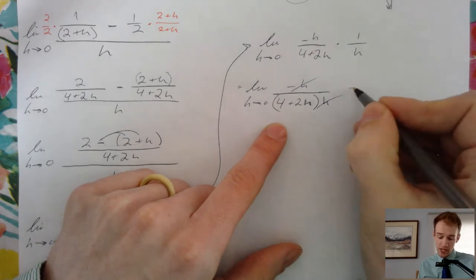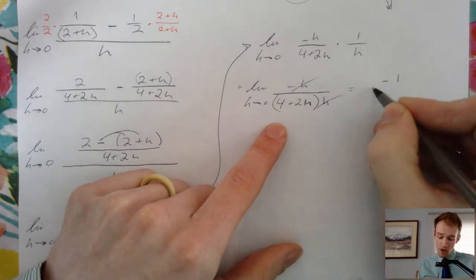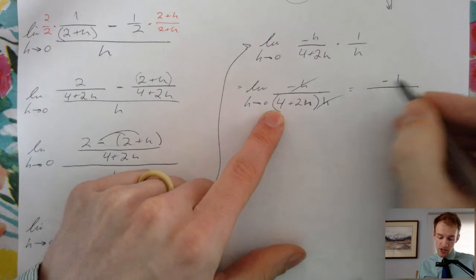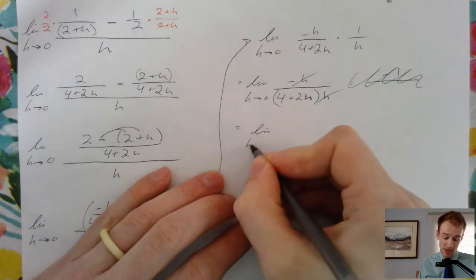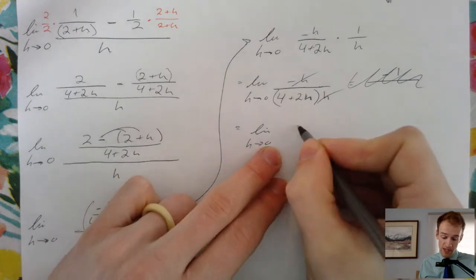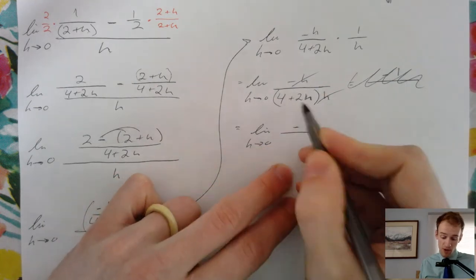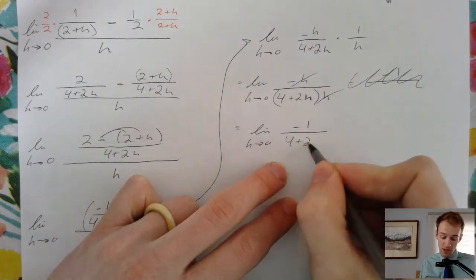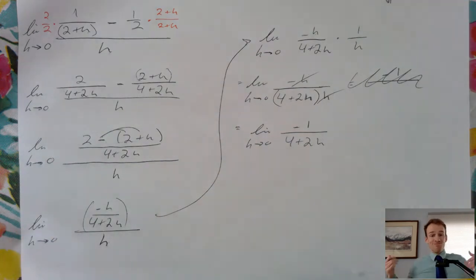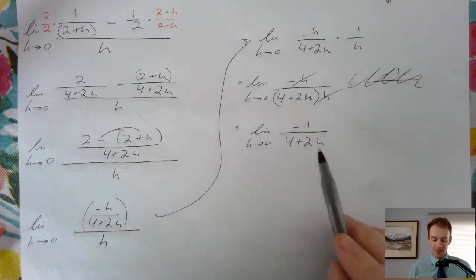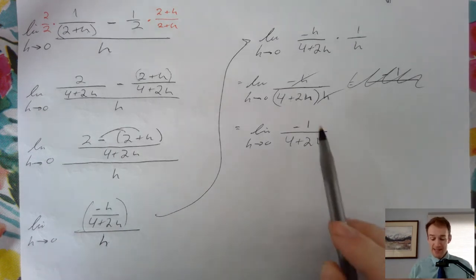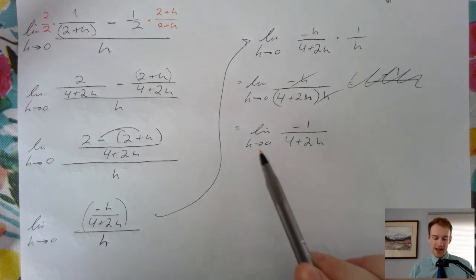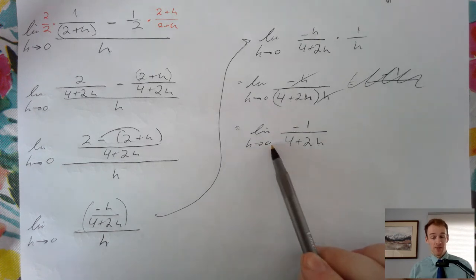So what do I get? Negative 1 over, sorry, I should write limit, shouldn't I? Limit as h approaches 0 of negative 1 over 4 plus 2h. Now, we can't simplify that any further inside the limit, and we still haven't gotten rid of this h in the denominator. However, the nice thing now is h is approaching 0, right?